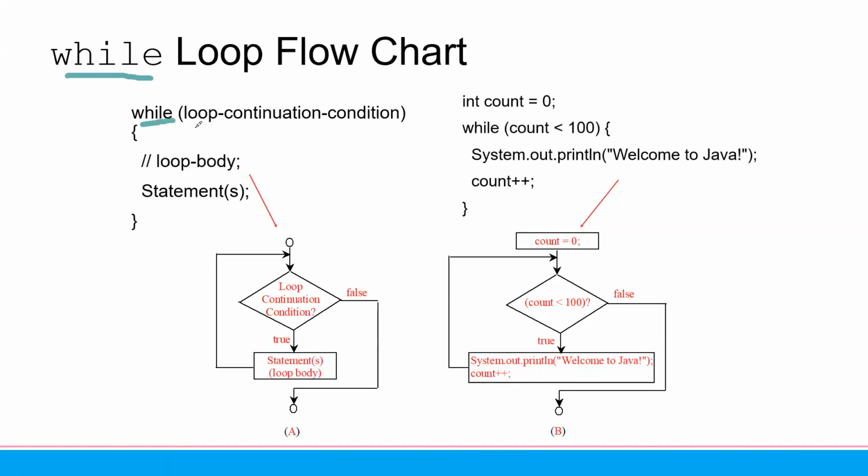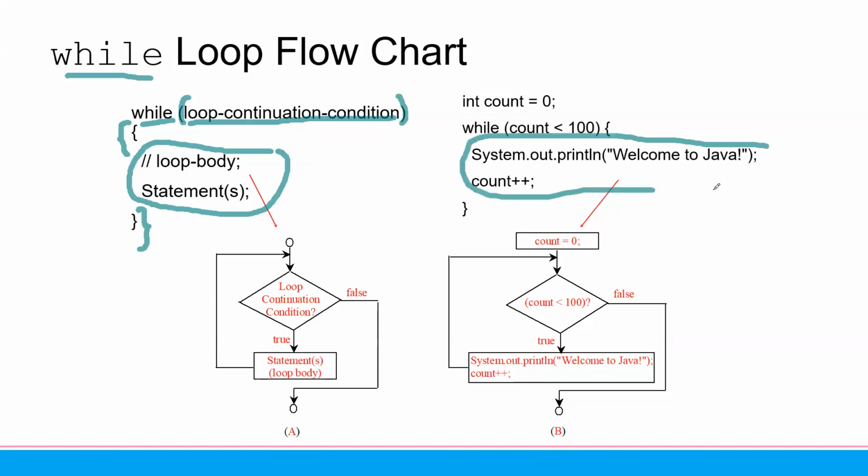While follows with a condition, and the condition will be inside the parentheses. We start with a curly bracket and end with a curly bracket, and all of them will be in this section, the statement. The statement is something that you want to execute when the condition is true.